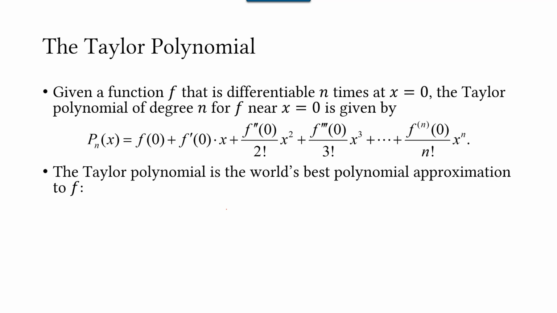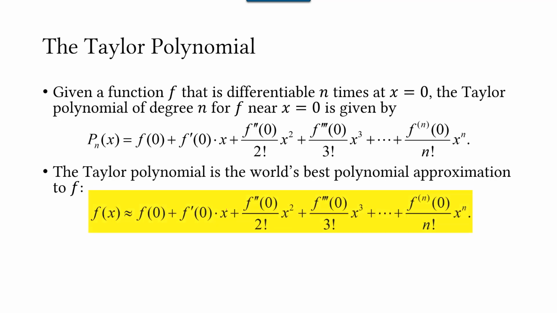And now the news is that the polynomial we write down in this way is in fact the best possible polynomial approximation to f near 0. So the highlighted formula is emphasizing that we can approximate f very well by its Taylor polynomial.